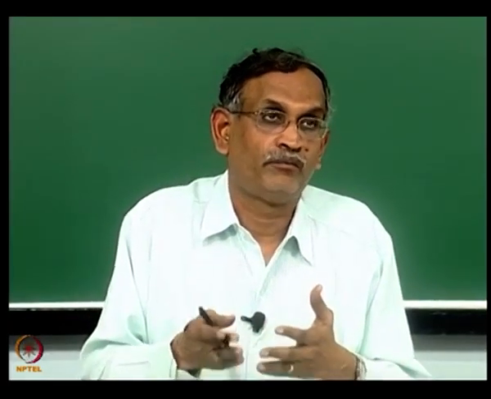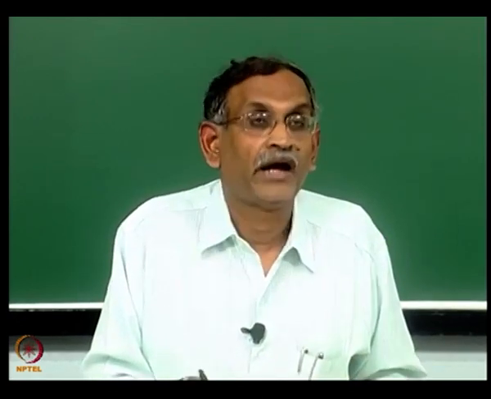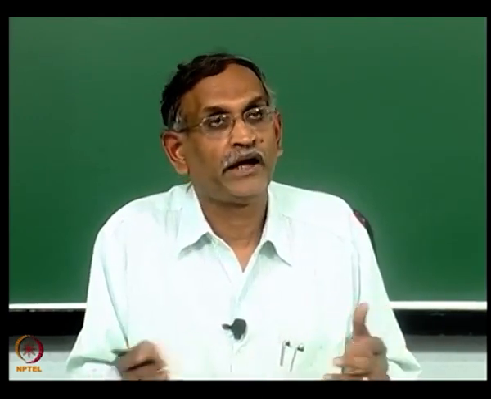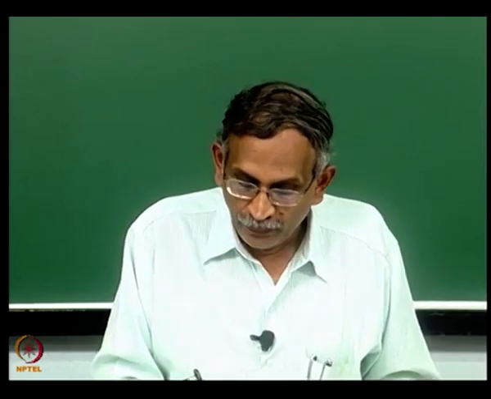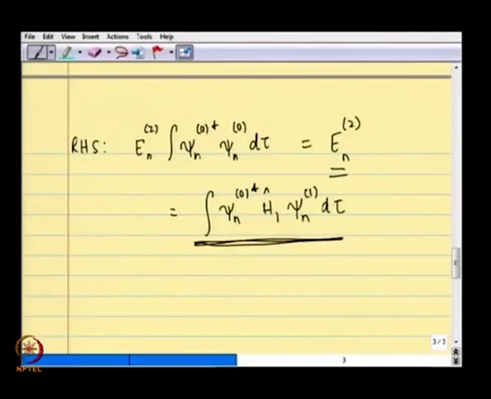Therefore, we do not have that property that h 1 has both diagonal and off diagonal contributions. Therefore, the second order correction is given by this integral. But if we write this integral in terms of Dirac-Ket, it is psi n 0 h 1 psi n 1, E n 2.